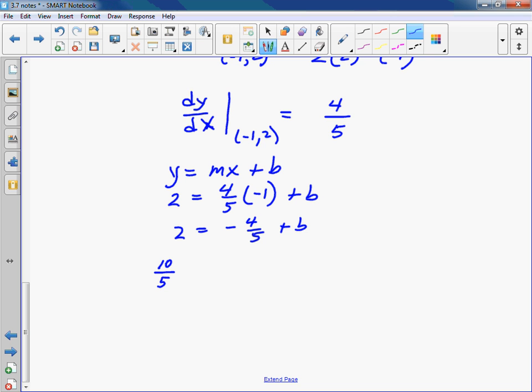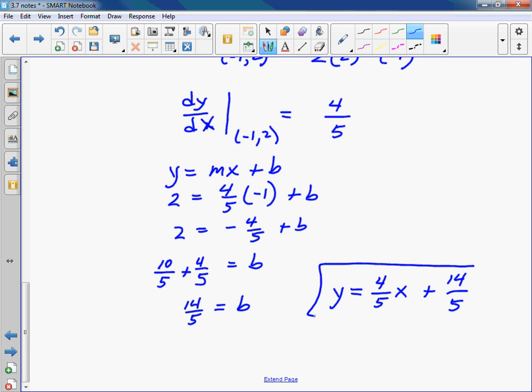Plus 4/5 equals b. So that's 14/5 equals b. Therefore, our equation will be y equals 4/5 x plus 14/5. So let's see if that makes sense.